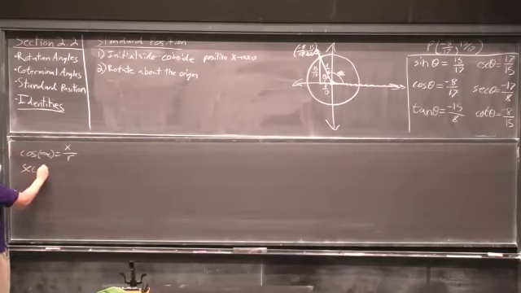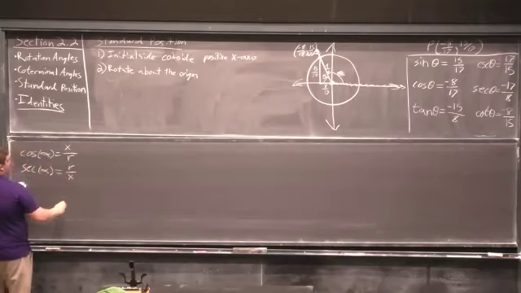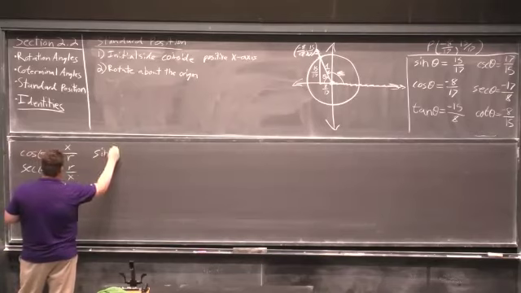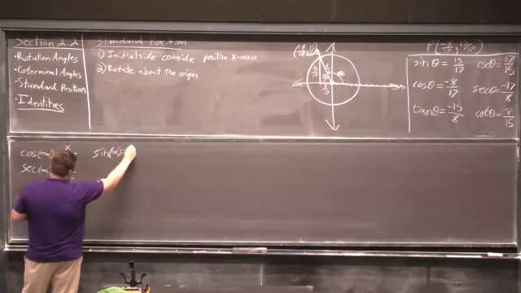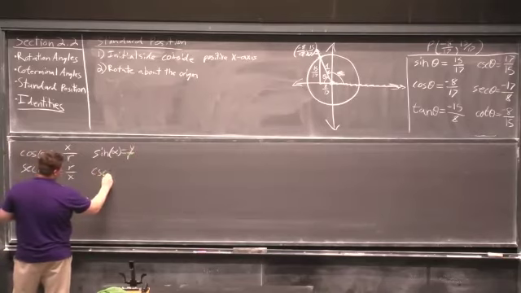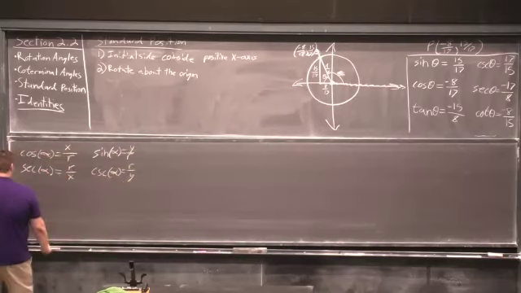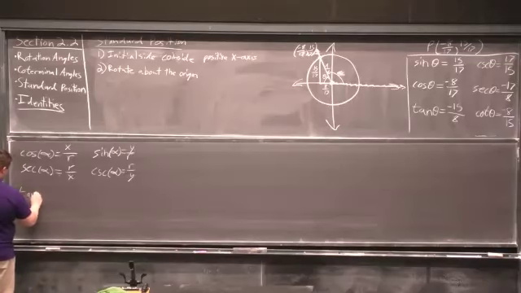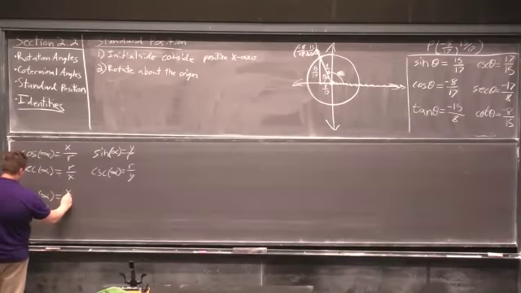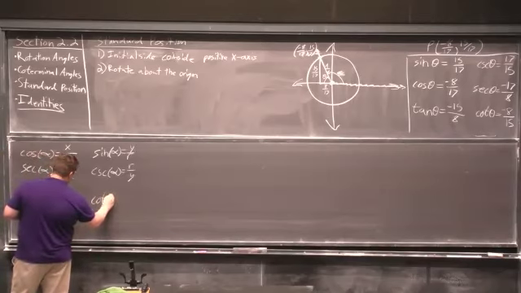Secant of alpha is 1 over cosine, so that's r over x. Sine of alpha equals y over r. And cosecant of alpha equals r over y. And the last two, we have tangent of alpha equaling x over y, and cotangent of alpha equals y over x.